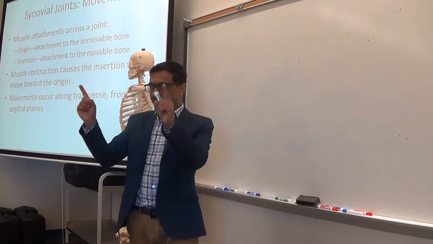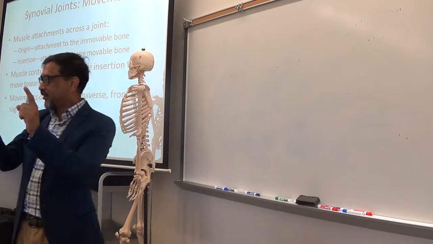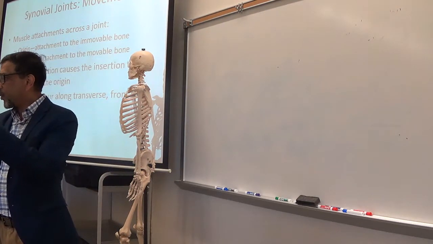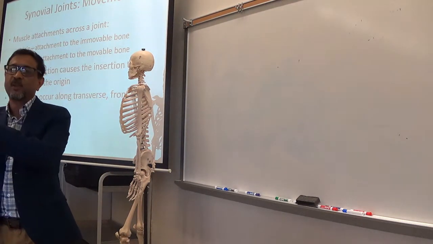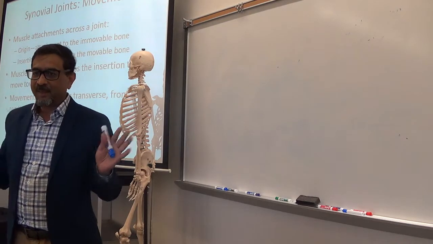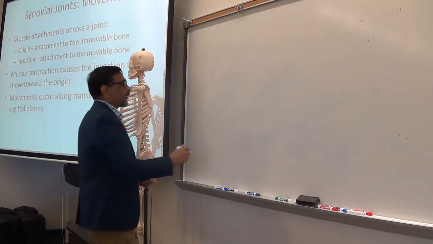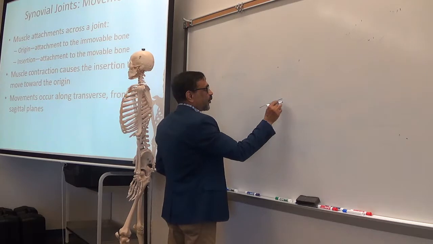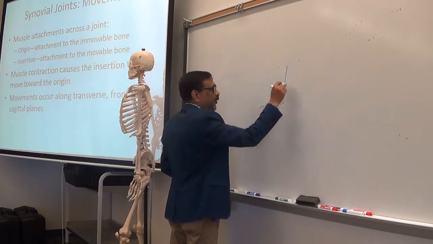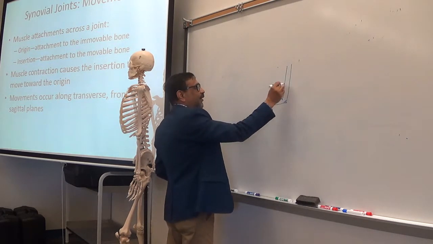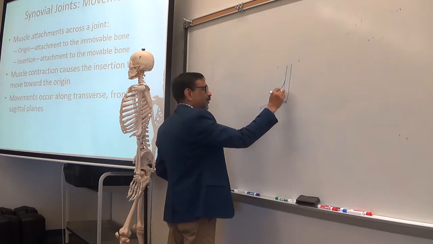This is one sentence: muscles move the bones where? At the joints. Okay? We know that. Now, this is one bone, this is another bone, okay, and this is a muscle.